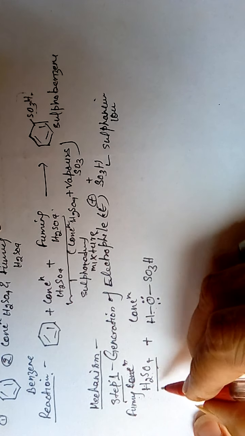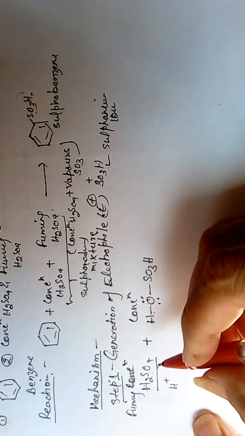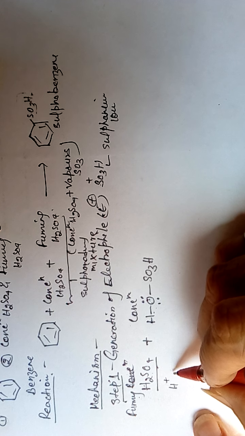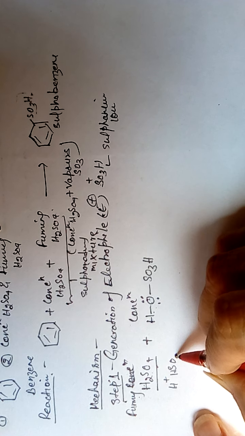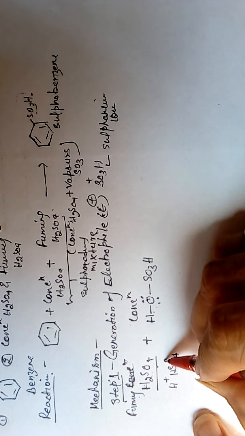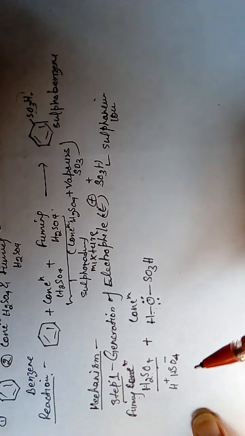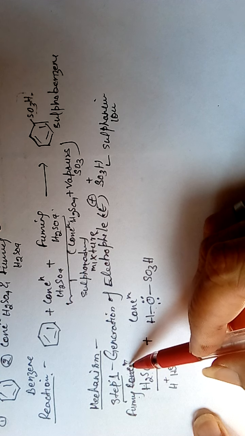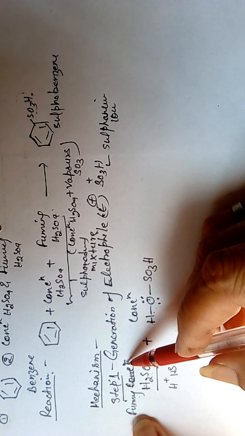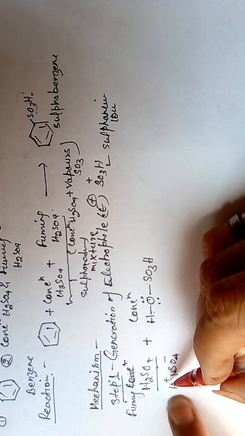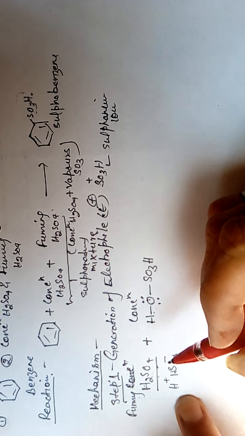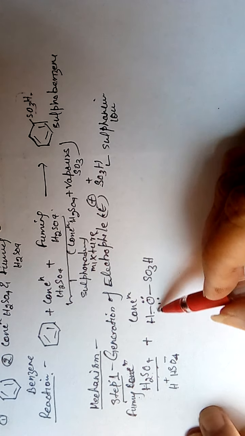So it breaks into H plus and HSO4 minus. Fuming sulfuric acid becomes very concentrated, and it releases H plus ion very fast in comparison with concentrated sulfuric acid.